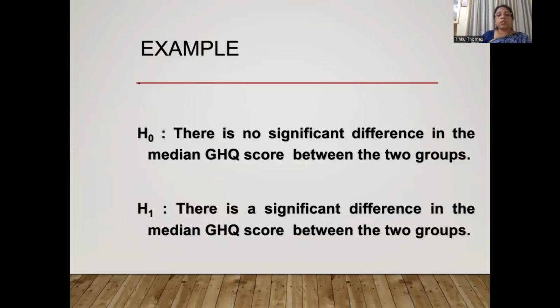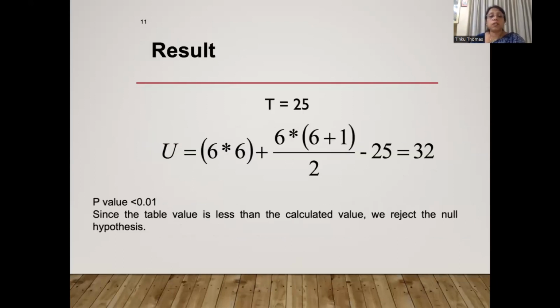So let's see this example. The null hypothesis says that there's no difference in median GHQ score. This is a health score between 2 groups. And since there are 2 independent groups, we can use a Mann-Whitney U-test. The alternate hypothesis says that there is a difference between the 2 groups.